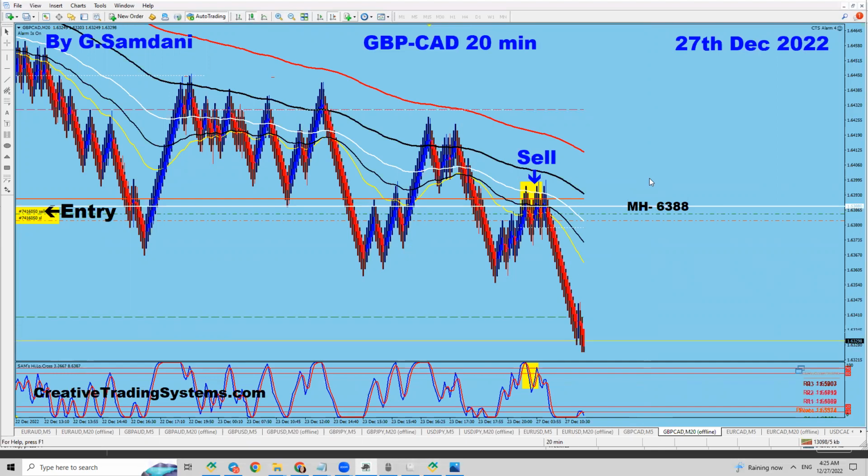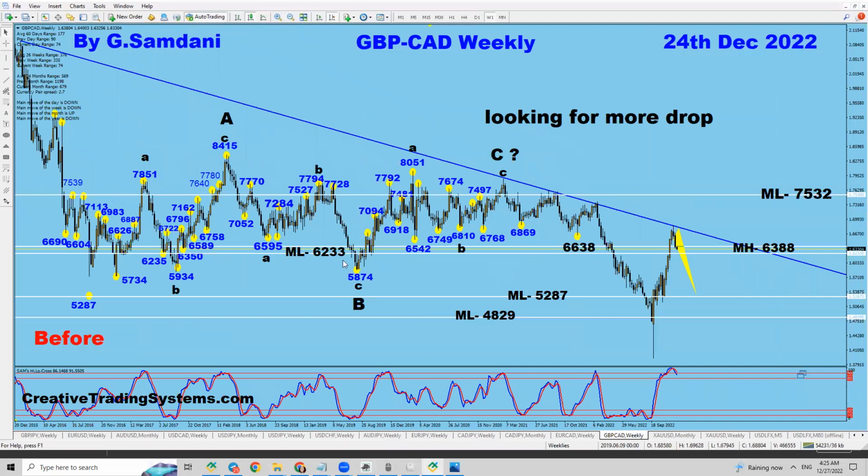That's 63, and then comes 77 more to 62.33 something. And that's exactly the level, around 62.30. So you see that 62.33 comes exactly where the daily range is. You add 70 pips here, 63, and then 64. 177 pips coming exactly to this monthly low, 62.33.